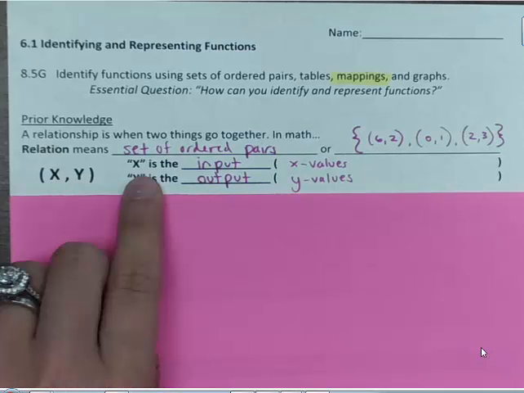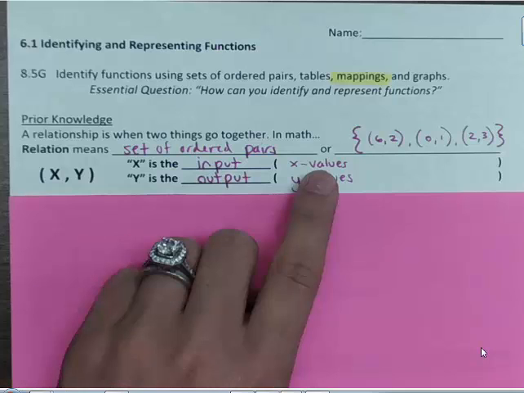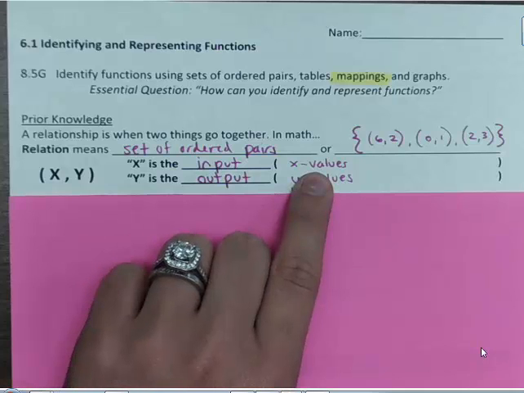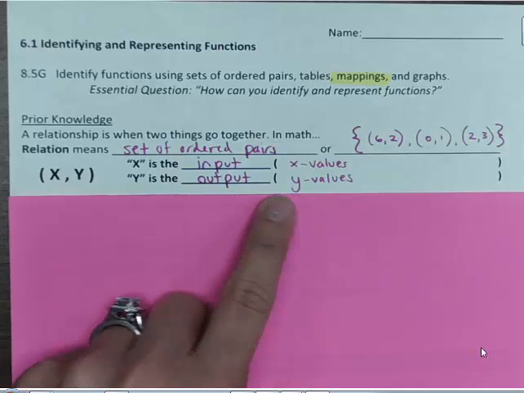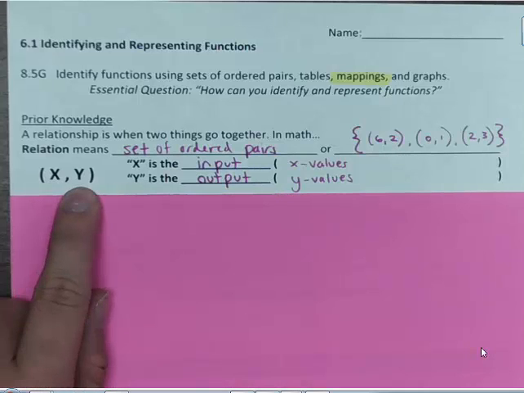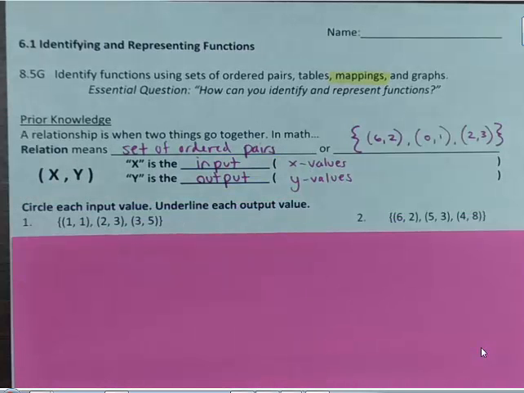The x value is actually in math called an input, which just represents our x values. The y is our output, which represents our y values. So now we have our x and our y, but we also have our input and our output. Input is our x, output is our y. So what I want you to do is circle each input value and underline each output value.